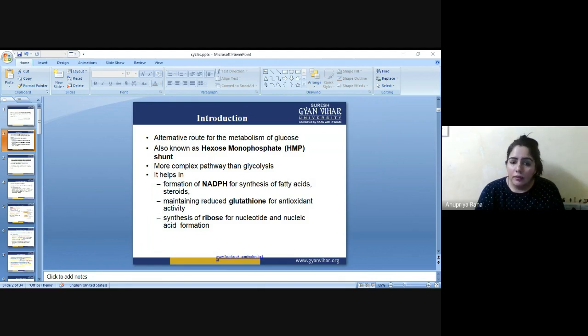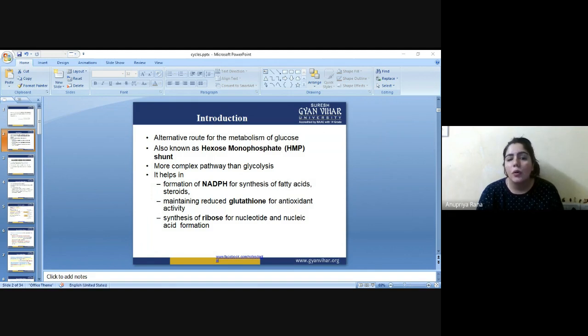This ribose sugar is the main component in the formation of nucleotides or nucleic acids. If there is no ribose, a very complex situation will arise for the formation of nucleotides and nucleic acids. So these are our major motives for studying this PPP cycle.